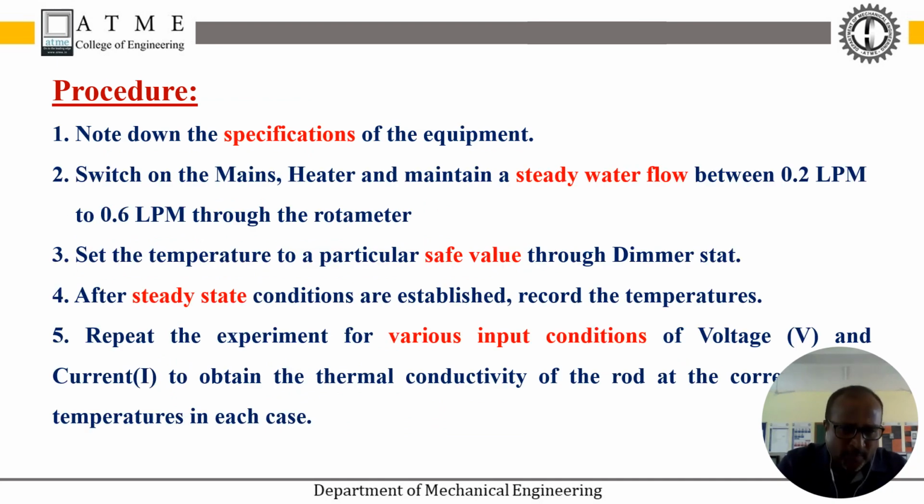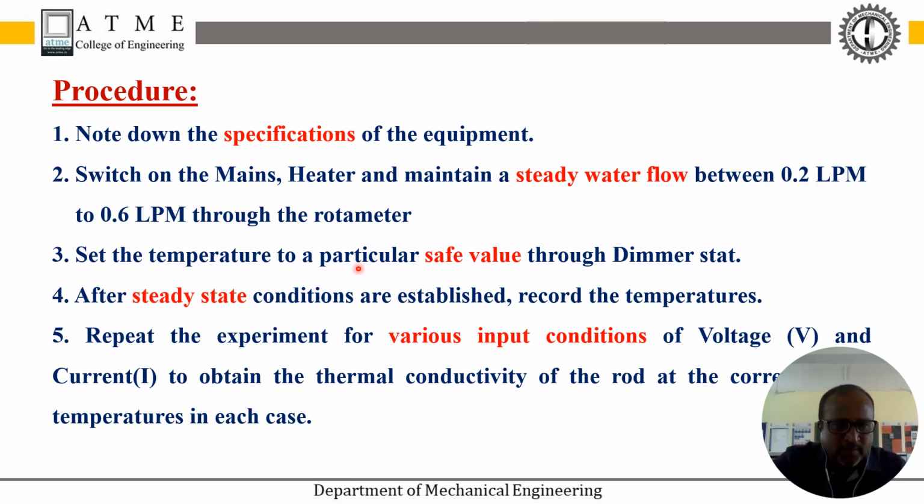It's a simple procedure, not much expertise is required to conduct this experiment. Note down all the specifications as shown in the previous slide. Switch on the mains, take the power to the panel, switch on the heater and maintain a steady flow rate of cooling water. As I said, it depends upon the rate of heating.